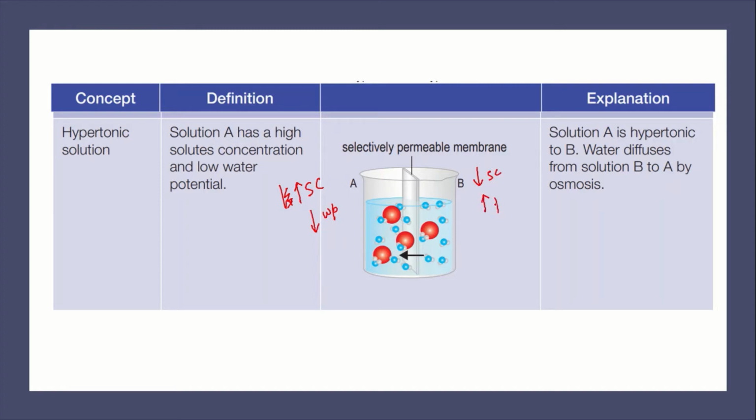So, osmosis, saya ulang balik, osmosis is the net movement of water molecule from high water potential to low water potential. So, solution A is hypertonic to B. So, water will diffuse from solution B to A by osmosis.